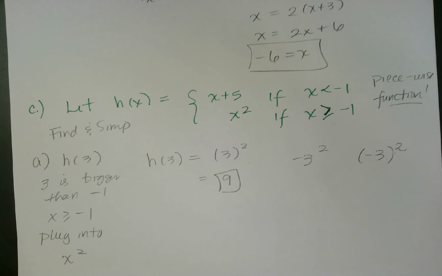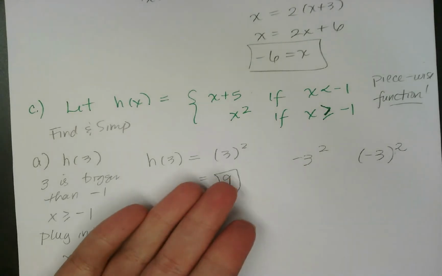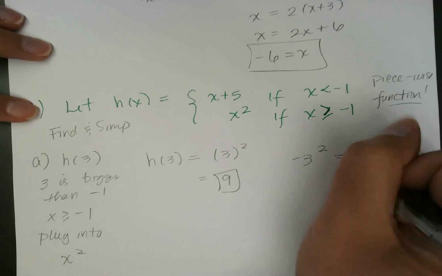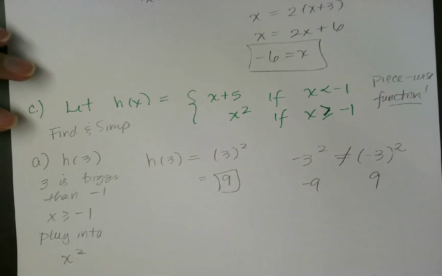Would it have mattered with this positive 3? No. But for practice's sake, those are not the same thing. Even if you put the wrong work and have the right answer, I'm still taking points off. It's the wrong math, so use parentheses. You're going to need parentheses when we get into the craziness in a minute.